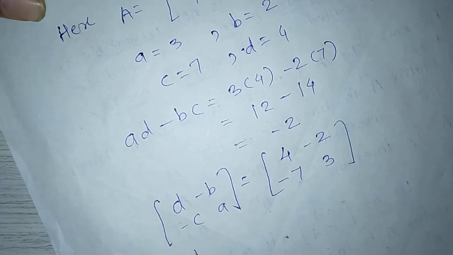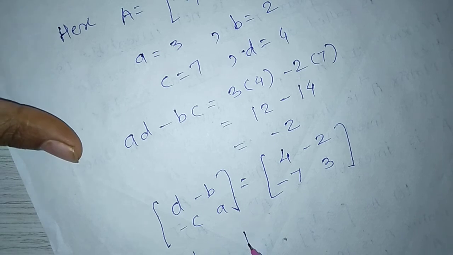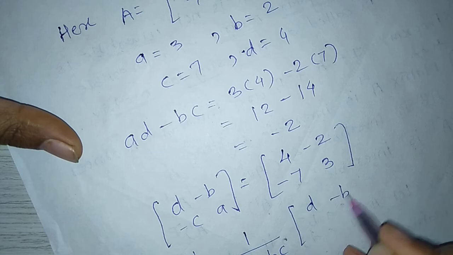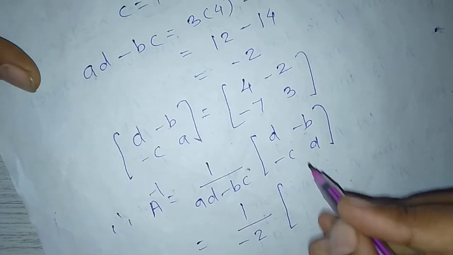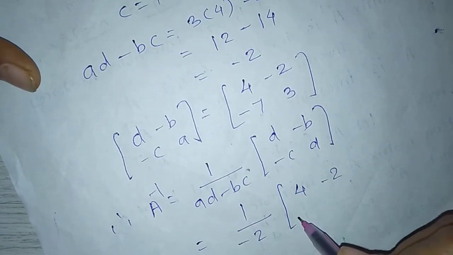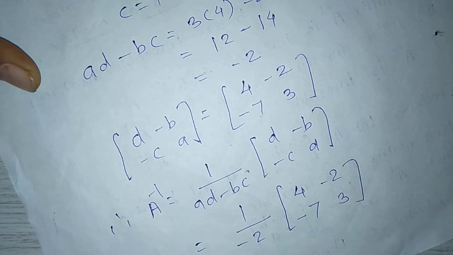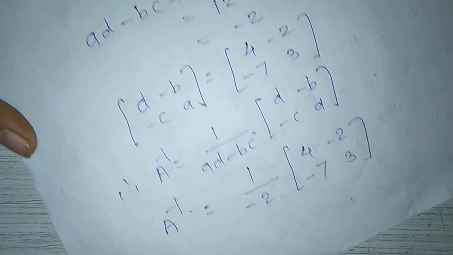Therefore A inverse equal to 1 upon ad minus bc into this matrix, equal to 1 upon minus 2 into the matrix 4, minus 2, minus 7, 3. Here we get A inverse.